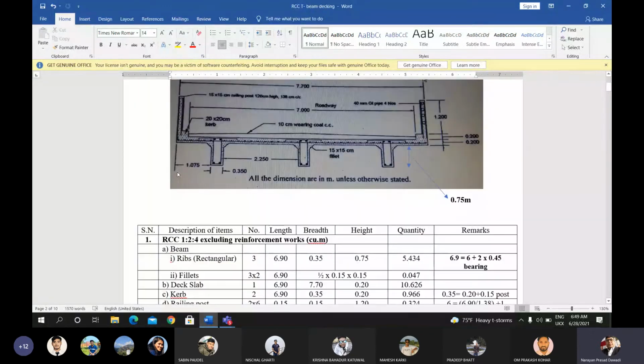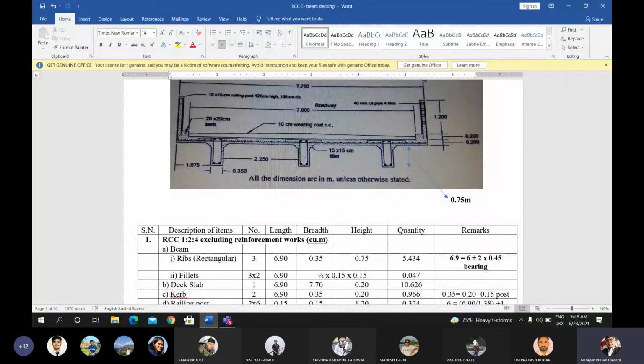You can see here 7.7 is the total length of the slab. The bottom portion of the slab total length will be 7.7. You can add 2 times 0.20 here for the left and right side.